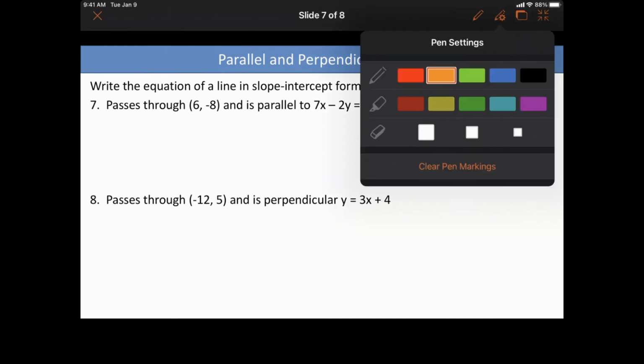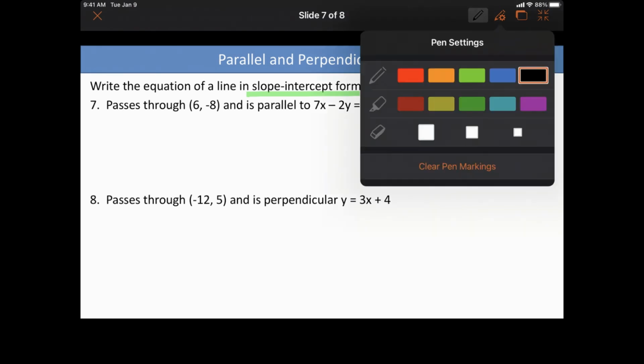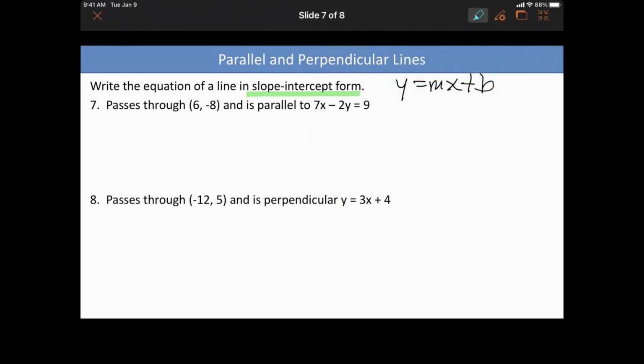So we're reading the directions, write an equation of a line in slope-intercept form again. I love to write the equation just so I have reference to it, so I know that's what I'm going to use for this one, this form and not a different form. So it says the line passes through this point, but is parallel to this line.